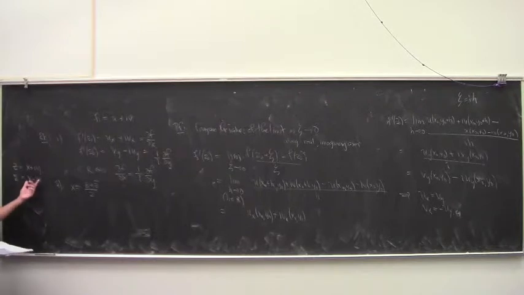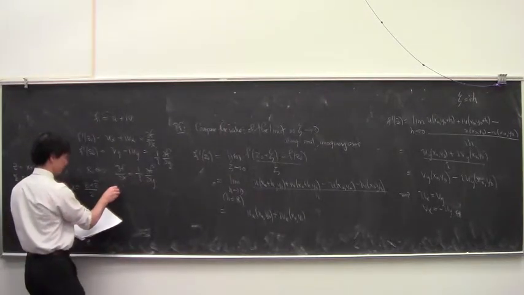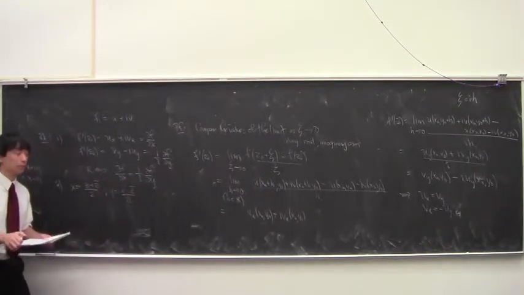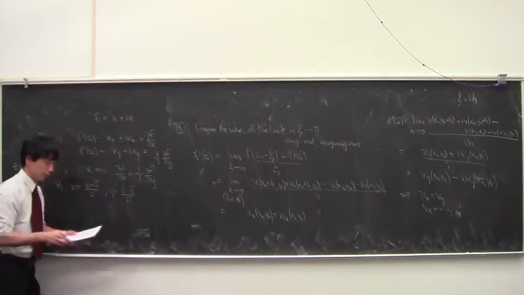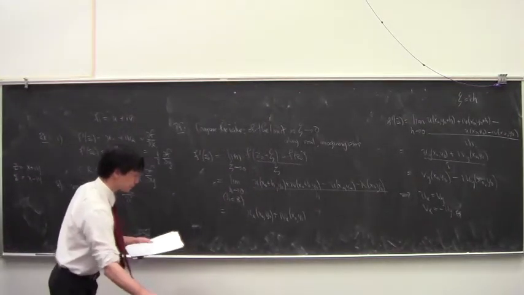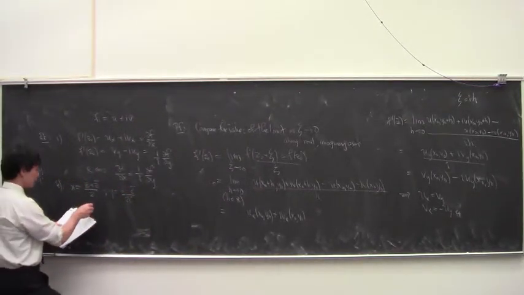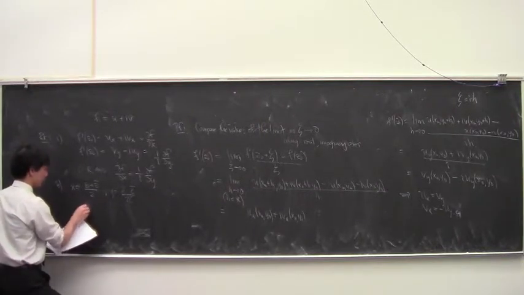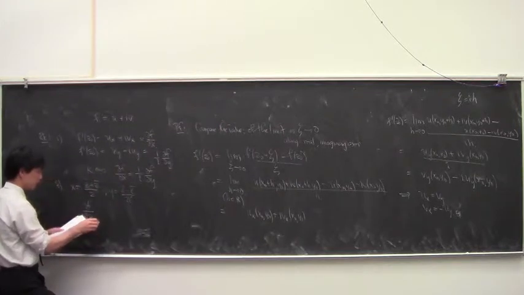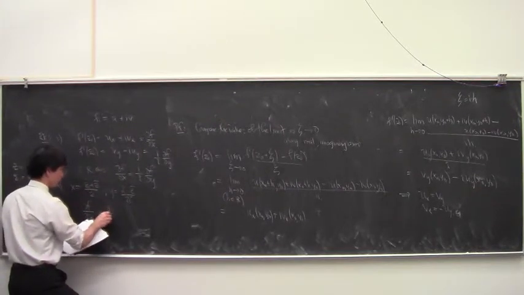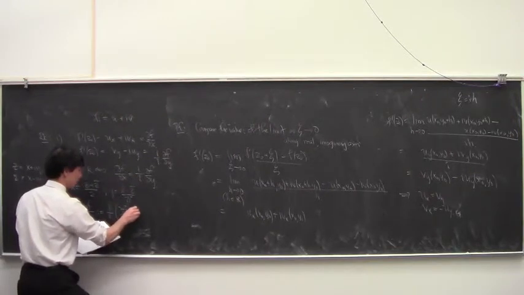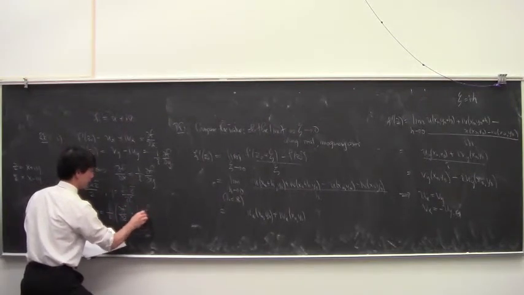So x is z plus z bar over 2, and y is z minus z bar over 2i. And so it makes sense to define df dz as 1/2 df dx plus 1 over i df dy.